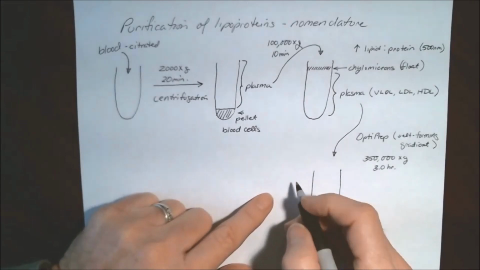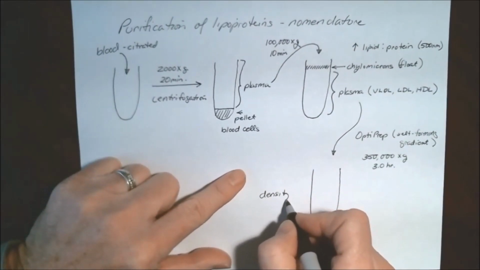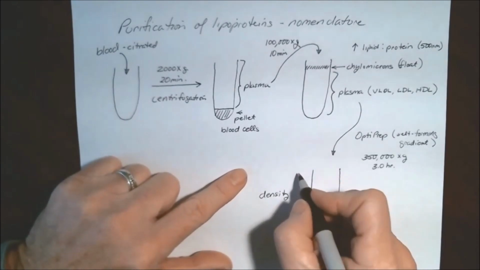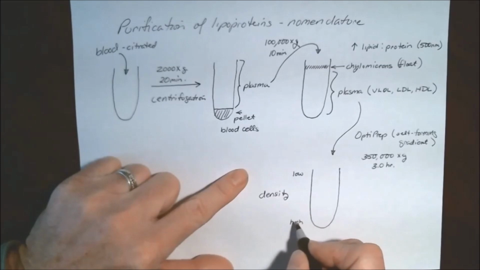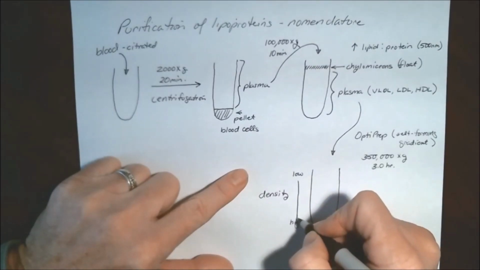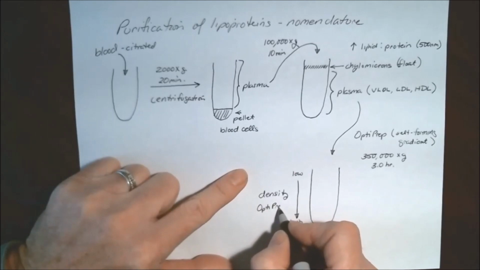that means that the density in this tube is going to be a gradient with low density at the top, high density at the bottom, and this density is determined by the OptiPrep.